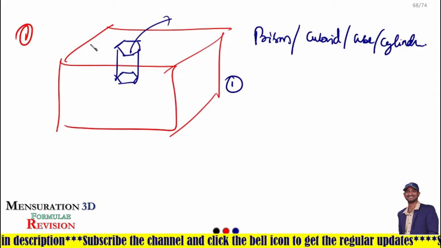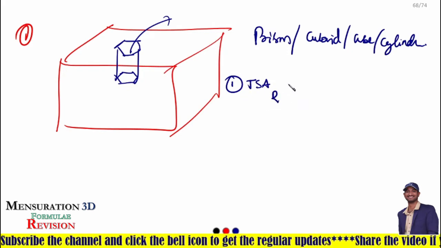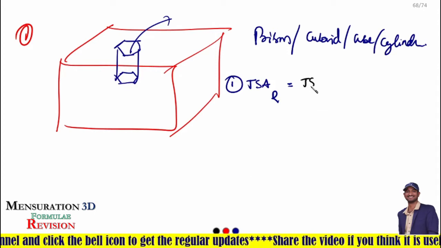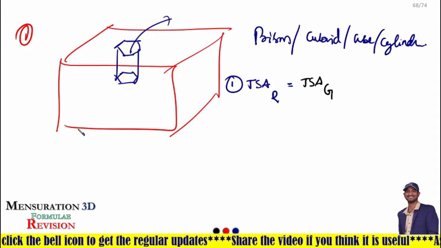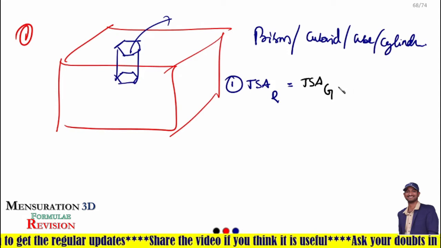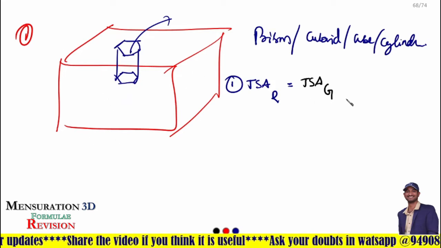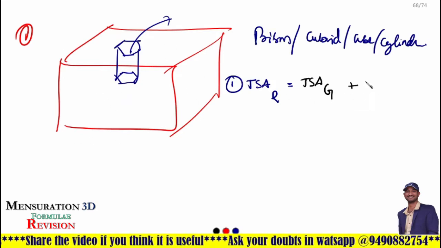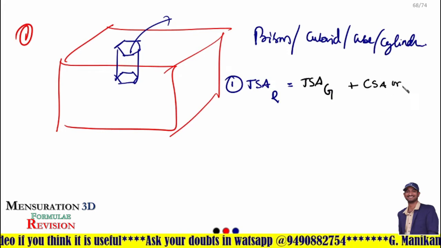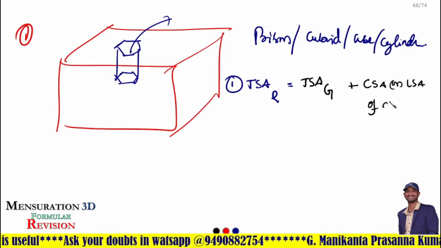if it is drilled out and the remaining solid is there, then what is the total surface area of the remaining figure? It is equal to the total surface area of the given solid, it may be cuboid or cube or prism, whatever it may be, plus the curved surface area or lateral surface area of the drilled figure or removed figure.